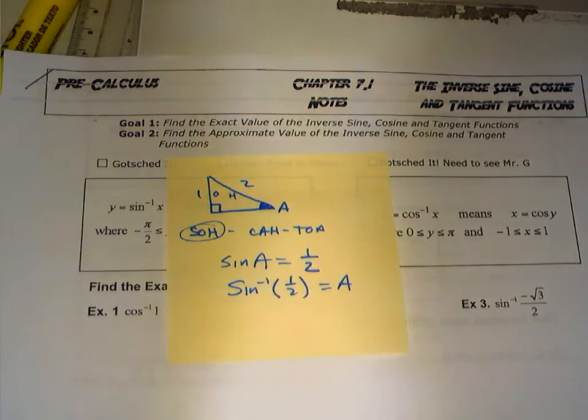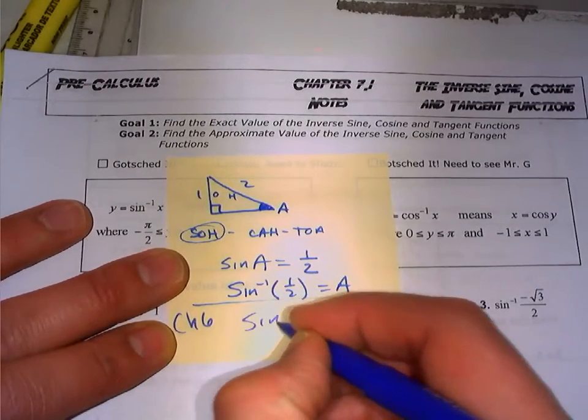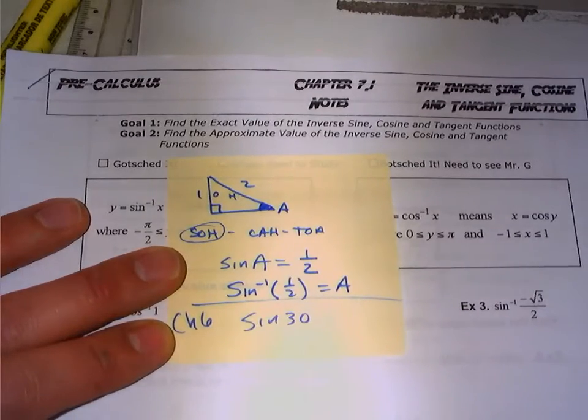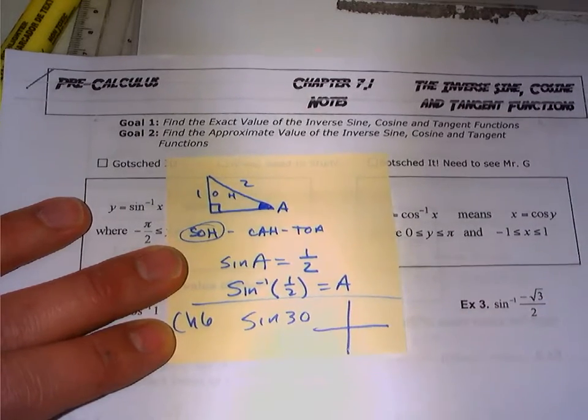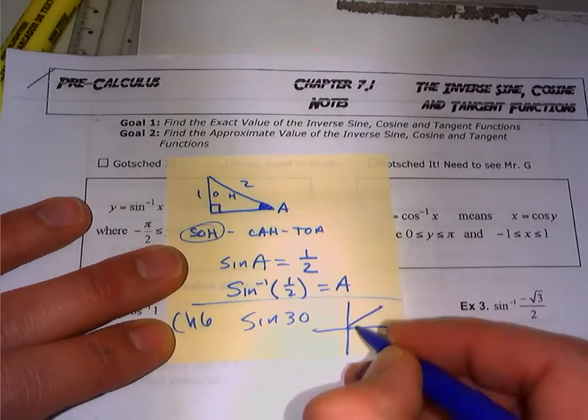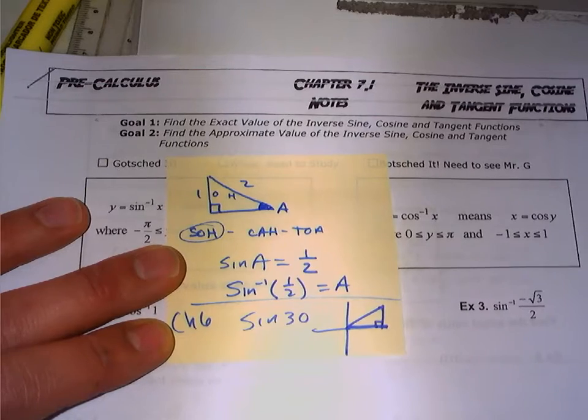So that's basically what we're doing today. We're essentially going backwards. So in chapter 6, we said, hey, what's the sine of 30? And then you guys drew your little reference angle. Here's 30 degrees. Drop it down, make it a 90 with the x.